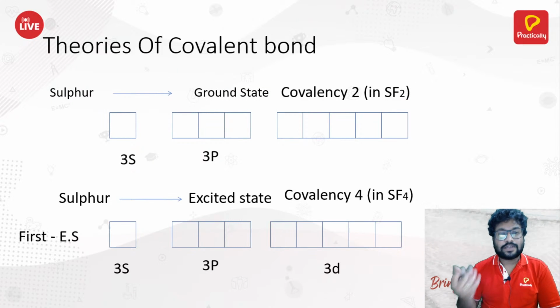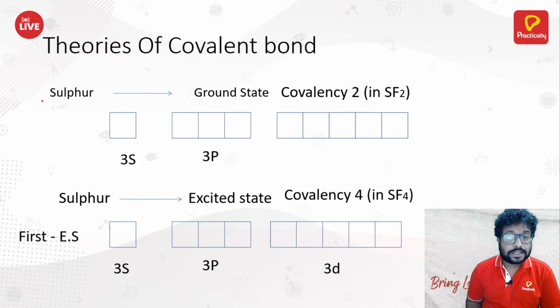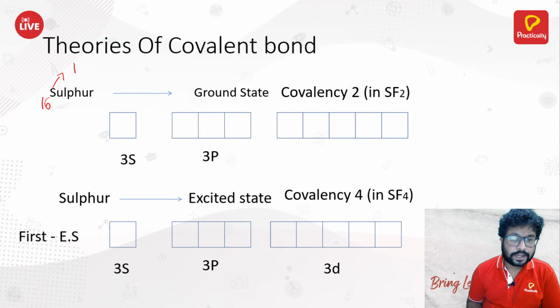See, let's look at sulfur. The atomic number of sulfur is 16. So its electronic configuration would be 1s2, 2s2, 2p6, 3s2, 3p4.